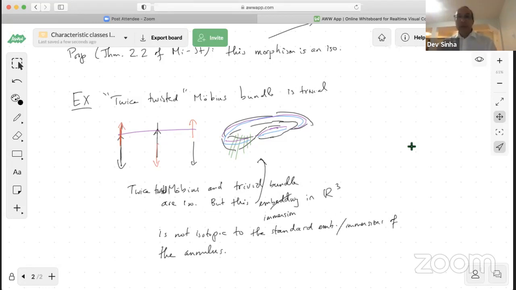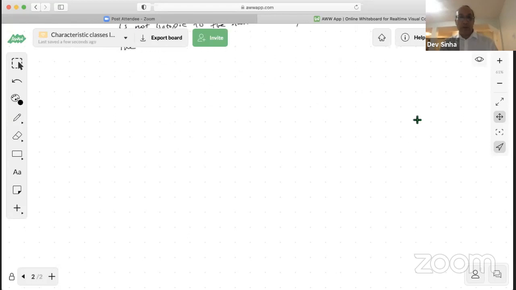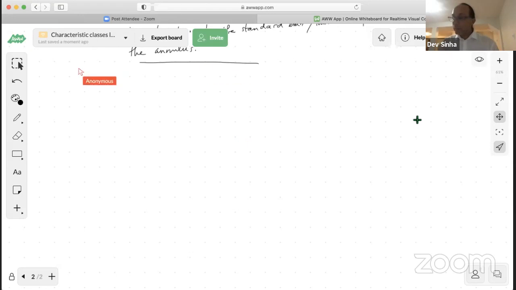Okay, so let's talk a little bit more about the structure of this category of vector bundles. You really want to think about it as inheriting from both vector spaces and topological spaces.